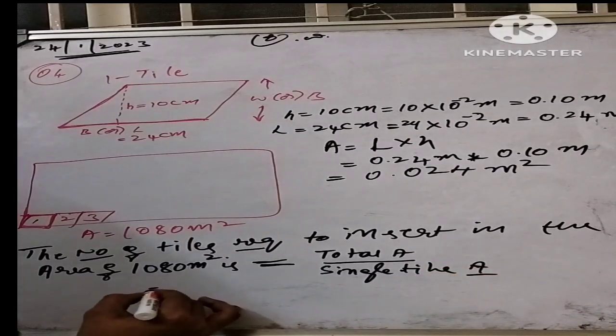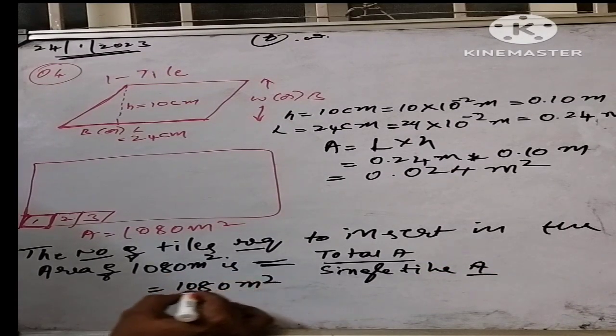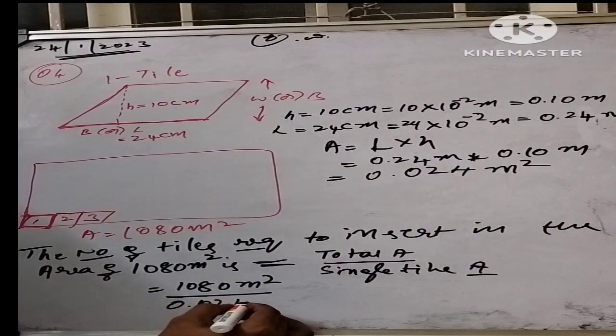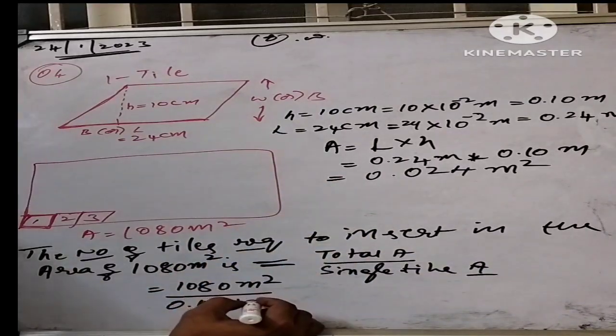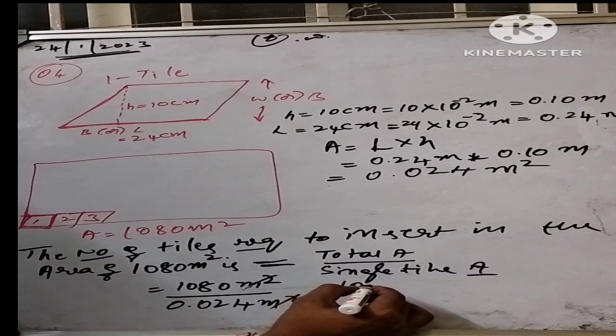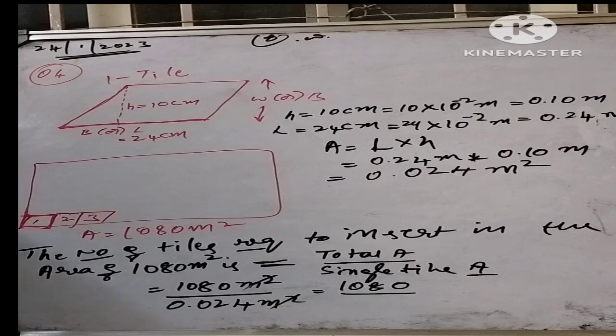So the total area is 1080 meter square divided by the single tile area, 0.024 meter square. So meter square gets cancelled: 1080 divided by 0.024.